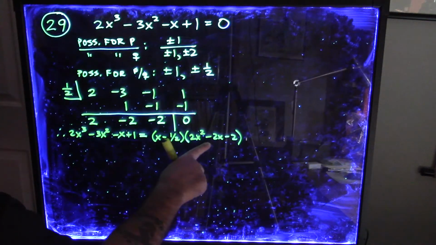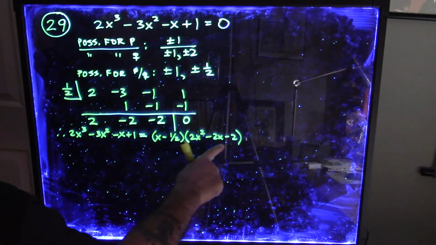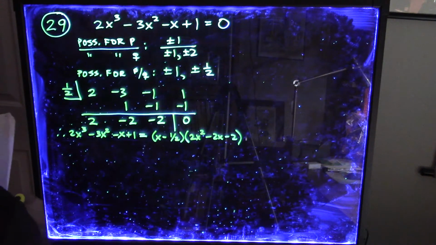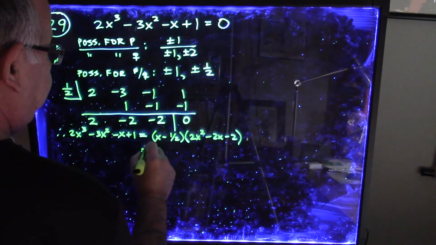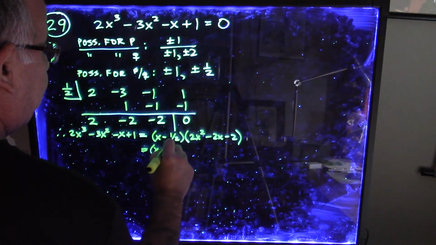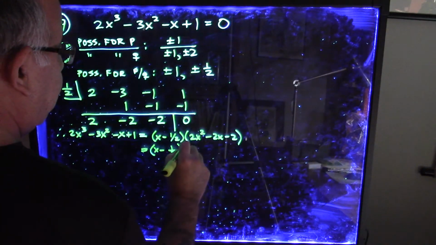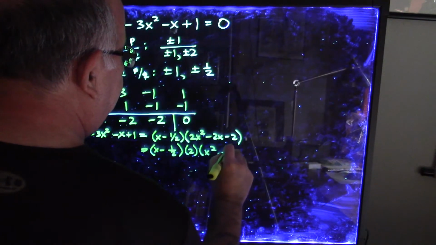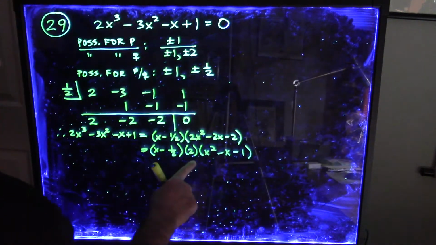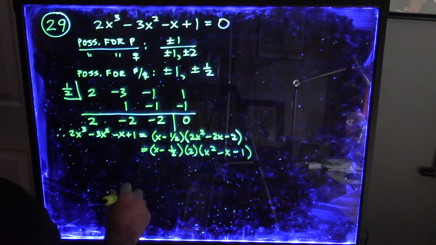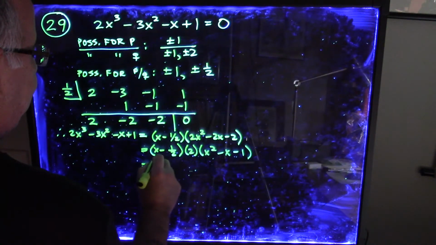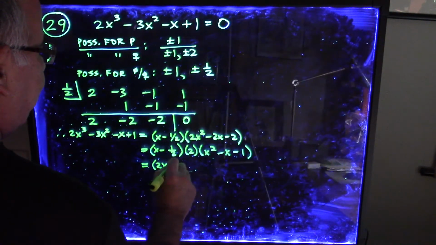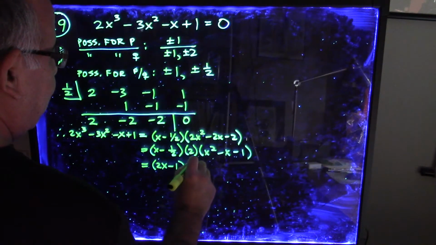Now you can factor a common factor of 2 out of this second factor here, which I'll do. So you get x squared minus x minus 1. You can multiply this 2 times the first factor, so you get 2x minus 1, like this.